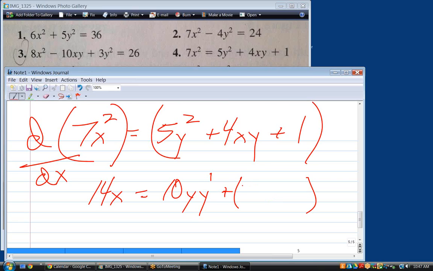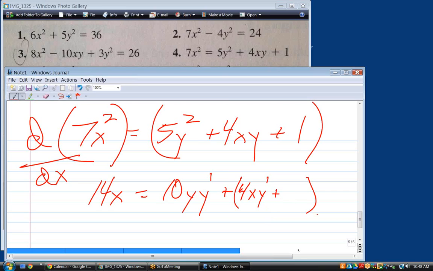Okay, so what's the first term? 4. What about the y? And then plus, hold on. y prime. Hold on. Remember, the first term of the product is the first term times the derivative of the next term. So in this spot here, since you've given me 4x, you must be going to take the derivative of y. Well, the derivative of y is 1, but since it's not x, we have to have a y prime in there also.